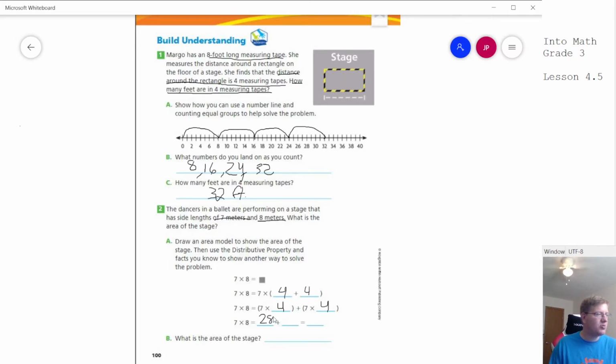And so that would give us 28 plus 28 equals 56. And so our unit for that would be square, and then we could use feet. I'm trying to draw a period to draw my abbreviation, but it's a little bit tricky sometimes to get that to work on the computer.